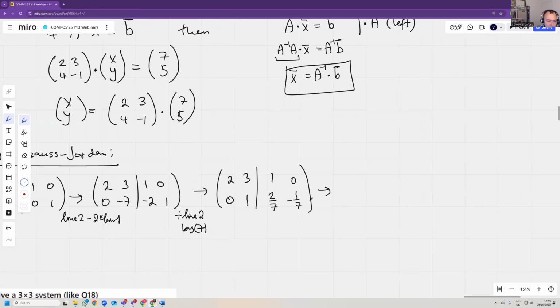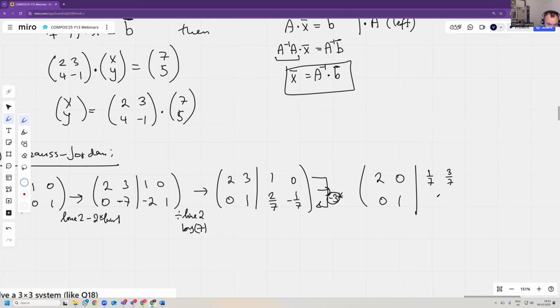And then you do line 1 minus 3 times that. So that becomes 2, 0, 1 minus 6/7, so that's 1/7, 0 plus 3/7, so 3/7.